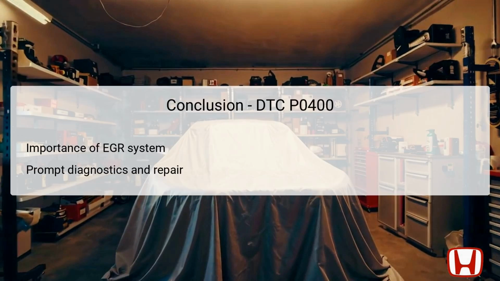In conclusion, diagnosing and addressing DTC P0400 is vital for maintaining the overall health of the Honda Accord's engine and emission system. The EGR system plays a crucial role in managing nitrogen oxide emissions and ensuring the vehicle operates efficiently under varied conditions.